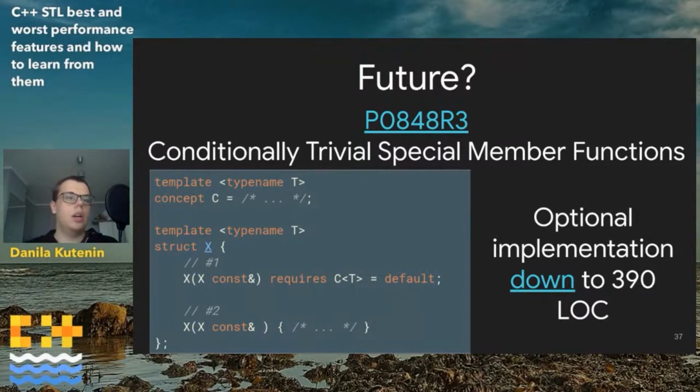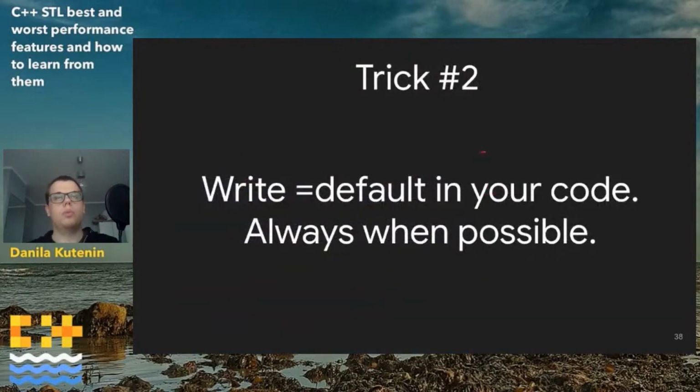There is a proposal, and I'm not sure if it was accepted or not, or if it will come by default with concepts. But with this proposal, in Clang I managed to write some sort of conditional member functions, and the optional implementation went down to 390 lines of code. So it's like 3 times lower. So trick number 2: use equal to default in your code always when possible.